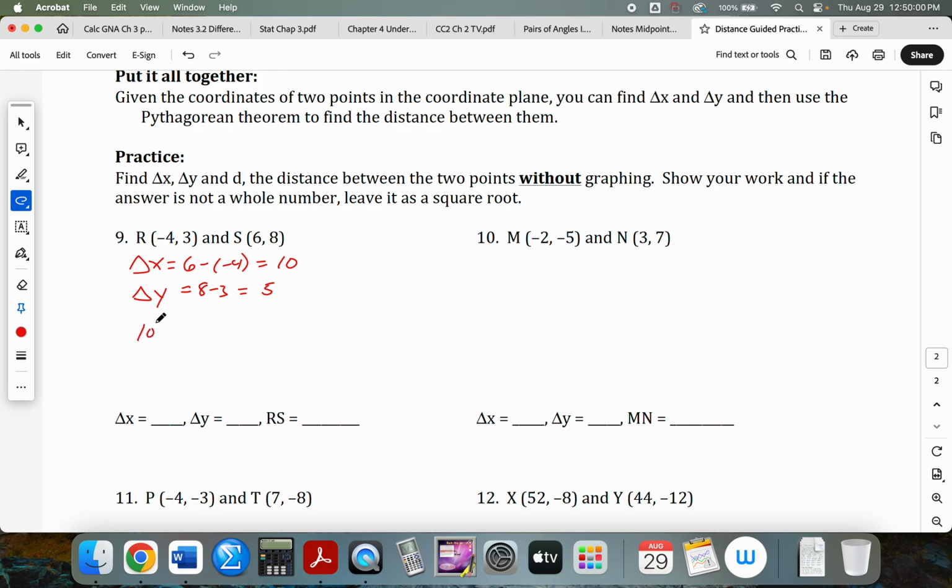We would take 10 squared plus 5 squared is equal to d squared. We've done these numbers just a moment ago. We get d is the square root of 125. So delta x was 10, delta y was 5, and the length of RS is the square root of 125.